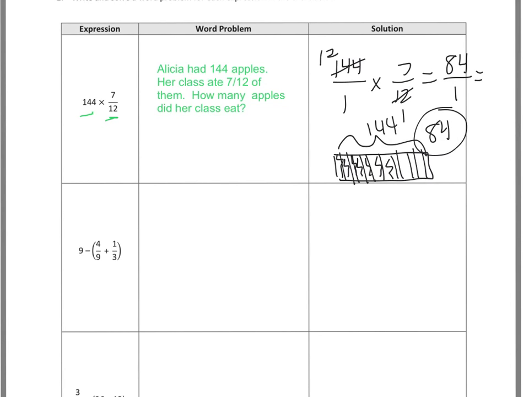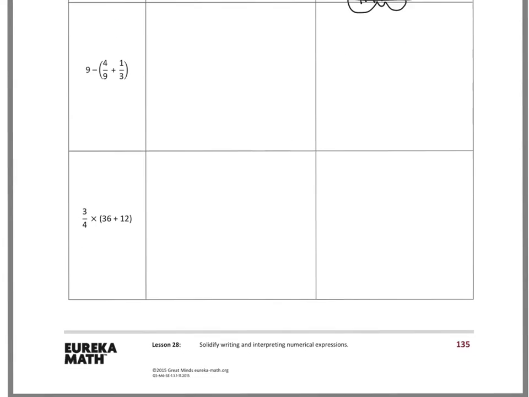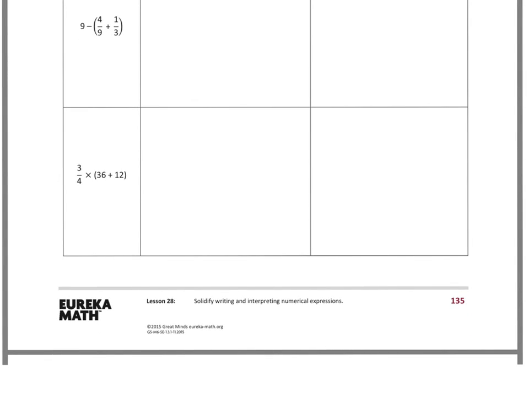So I would have to divide 144 by 12 to get each, and then multiply that by 7 to get how many there were for 7. So there's the model, and I also did one using multiplication. Let's slide down to the last one, 3/4 times 36 plus 12 in parentheses.